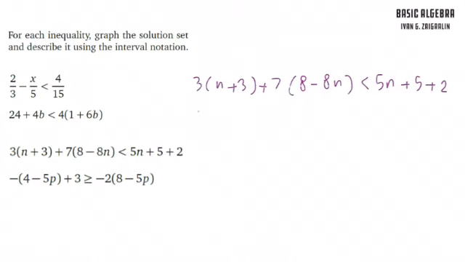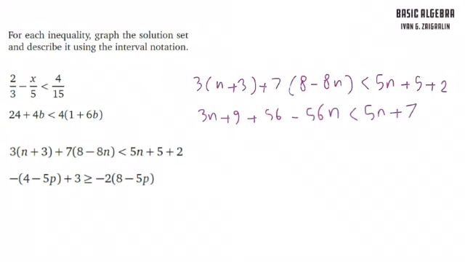So 3n plus 9 plus 7 times 8, 56. 7 times negative 8n, negative 56n is less than 5n plus 7.